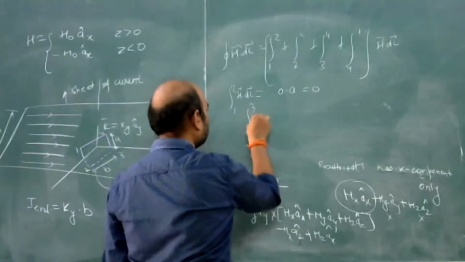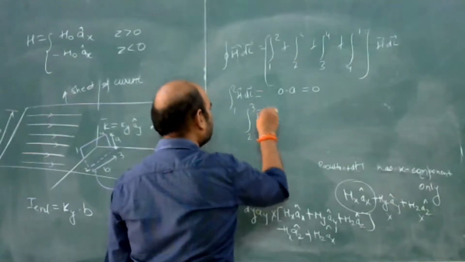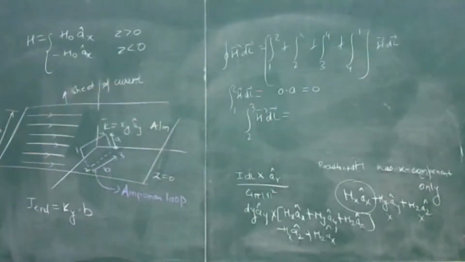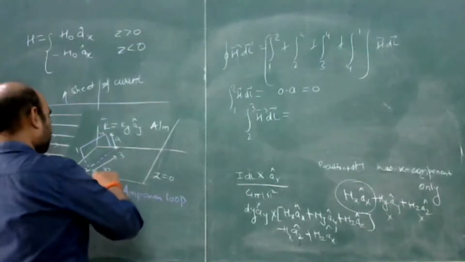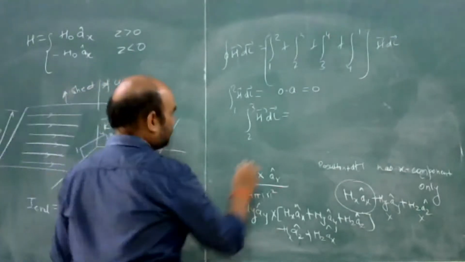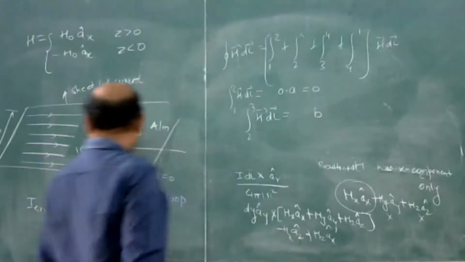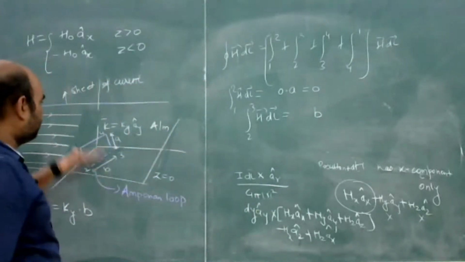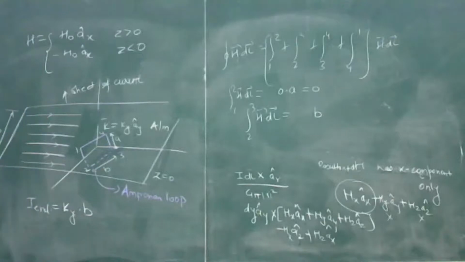From 2 to 3, H·dl, the length is b, and this is in the negative direction.